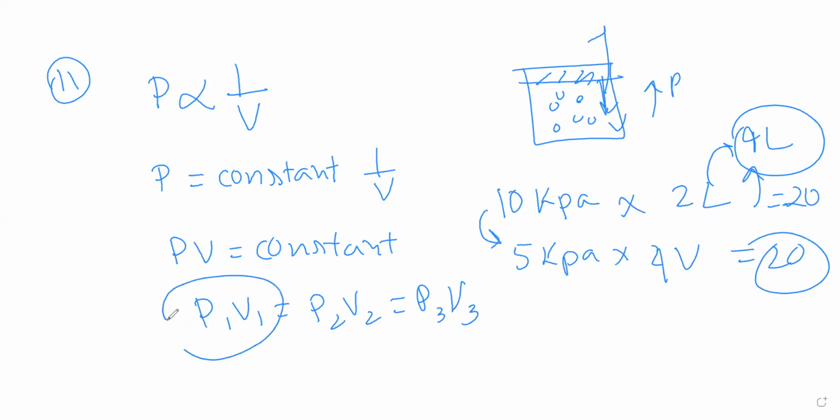That means at the end of the system, the multiplication of both quantities should be the same. Here, this constant we represent as nRT. n is the number of moles.